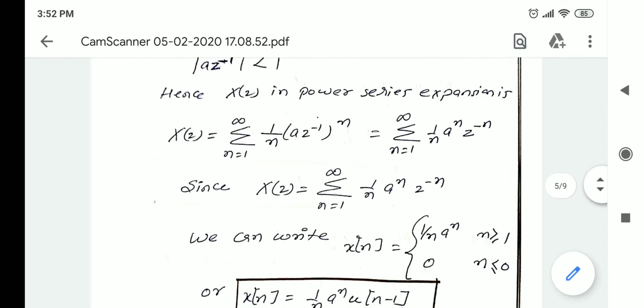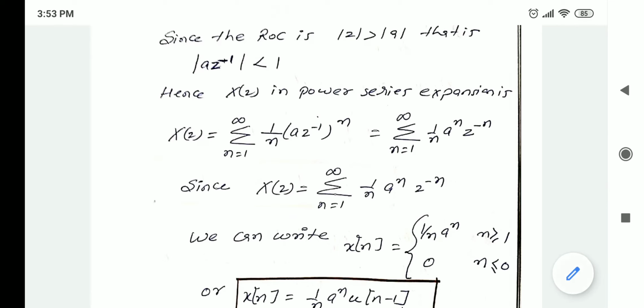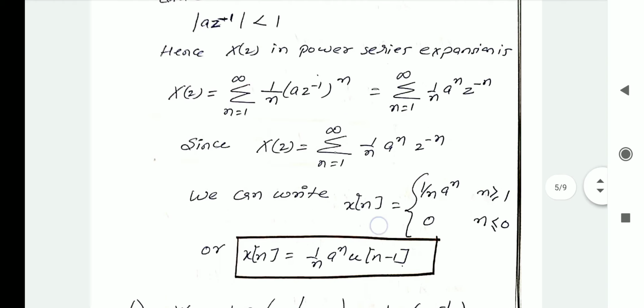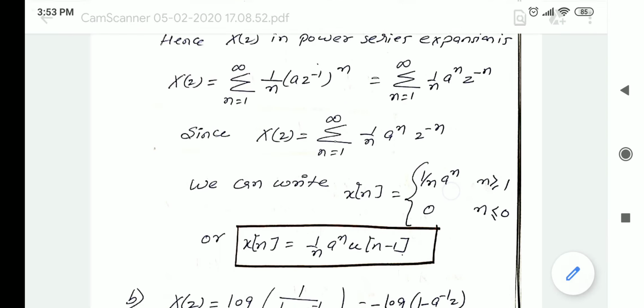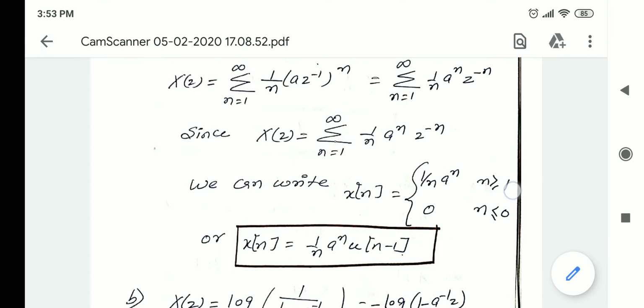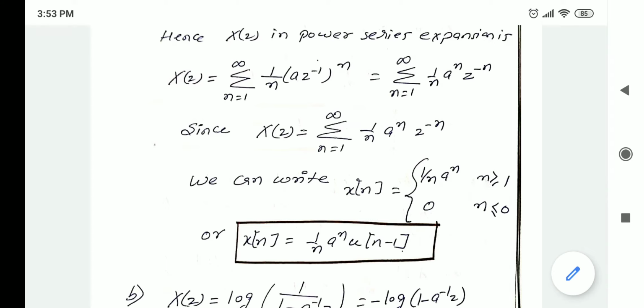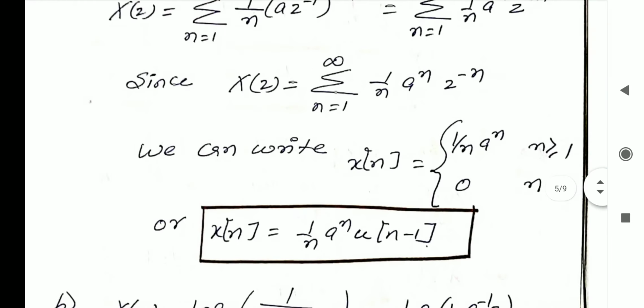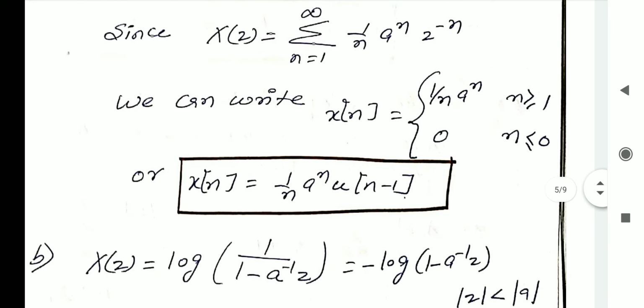Now since x of z is summation n equals 1 to infinity 1 by n a to the power n z to the power minus n, we can write x of n as 1 by n a to the power n for n greater than or equal to 1, and it is 0 for n less than or equal to 0. So from here I am writing my x of n as 1 by n a to the power n for n greater than or equal to 1, and it is 0 for n less than or equal to 0.